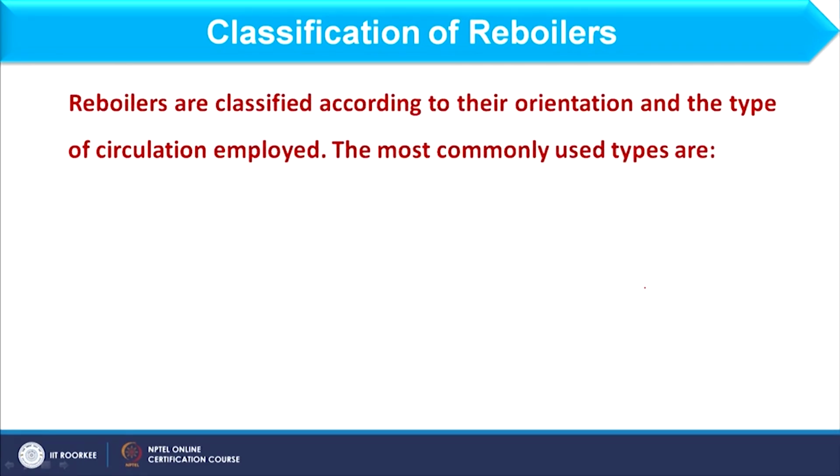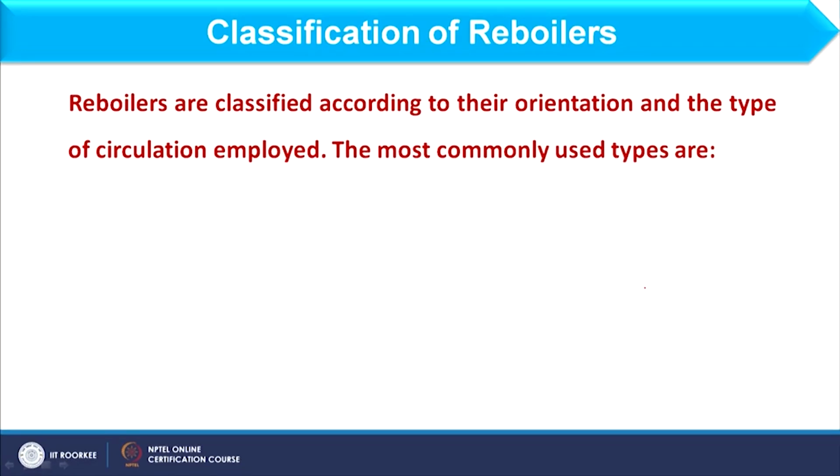As far as classification of reboilers is concerned, these are classified according to the orientation and the type of circulation considered. As we have discussed, condensers are usually placed horizontally or vertically. In the same line, reboilers can be placed either horizontally or vertically.